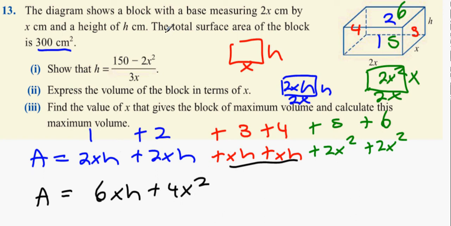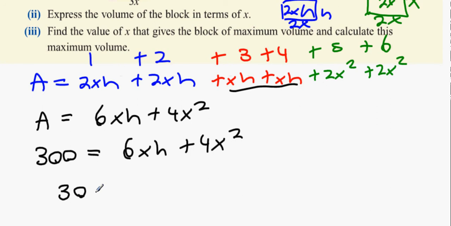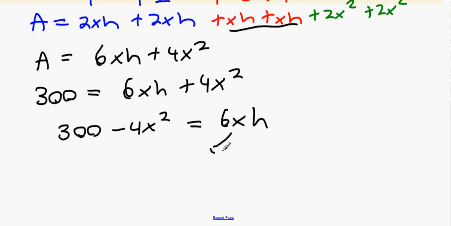Now, what we're told about the area is 300. So we can say that 300 equals 6xh plus 4x squared. Let's get h on its own. So it's going to be 300 minus 4x squared equals 6xh. Divide across by 6x. I'm going to do it in two separate parts: I'm going to divide this part by 6x and this part by 6x.